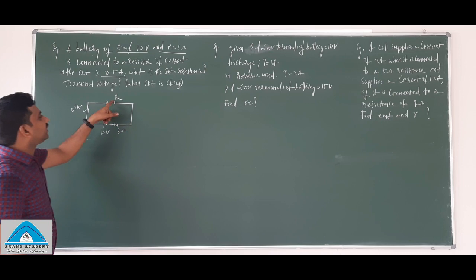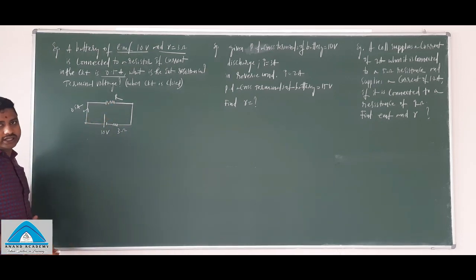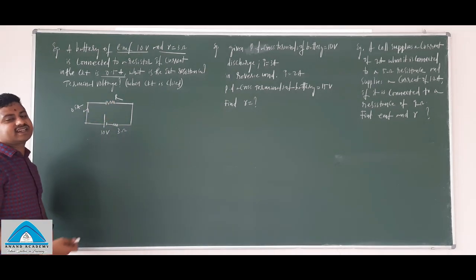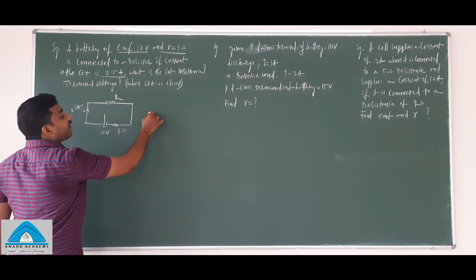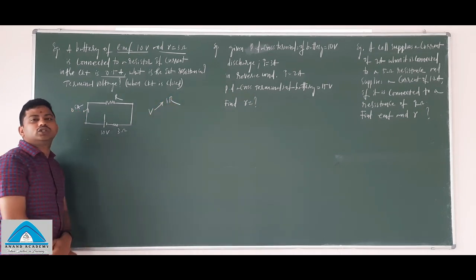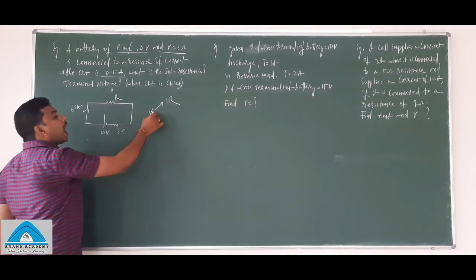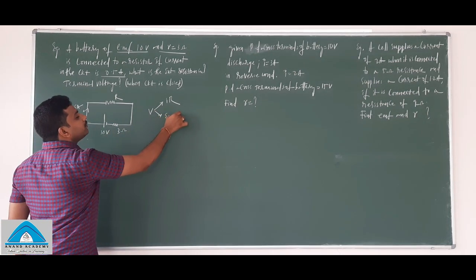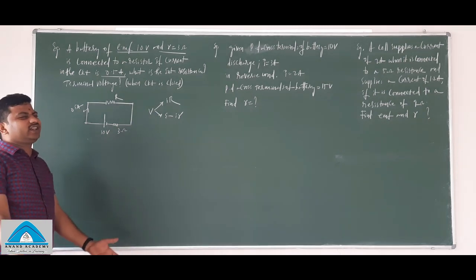What is the external resistance and the terminal voltage? To find the terminal voltage, you can use either V is equal to I into capital R or V is equal to E minus I into small r.